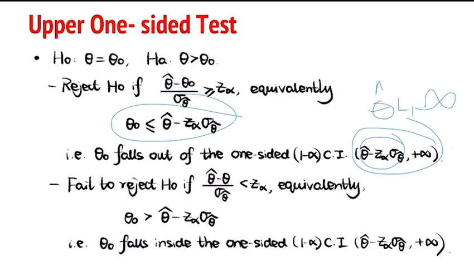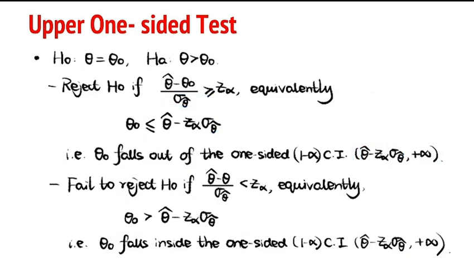And of course, we fail to reject in the complement case. Failing to reject is when theta naught falls inside. So if you are talking about an upper one-sided test and you want to use a confidence interval to make a decision, you are going to use the lower one-sided confidence interval.